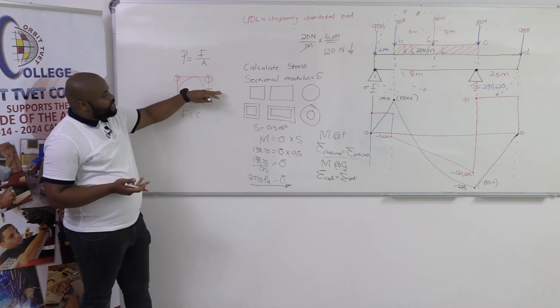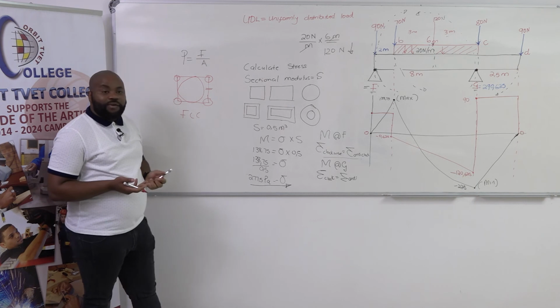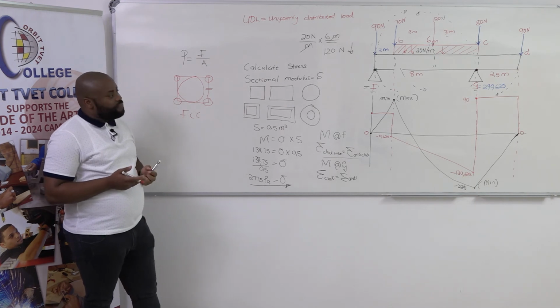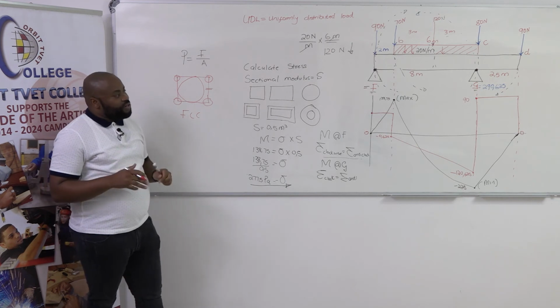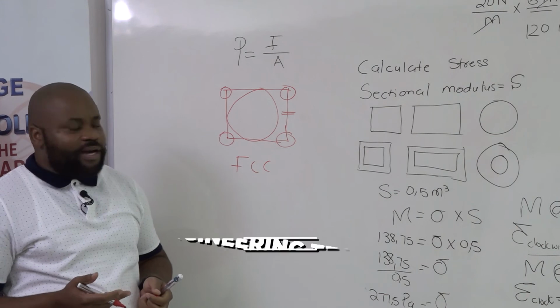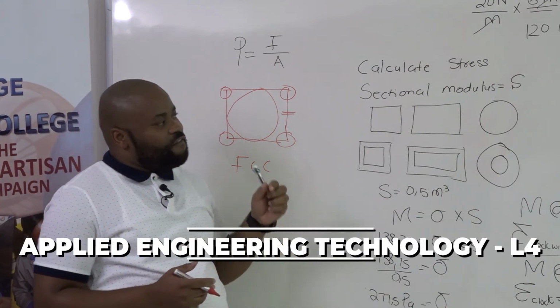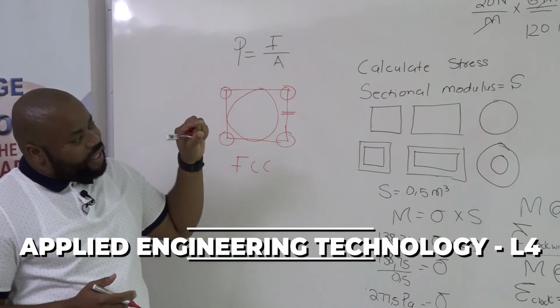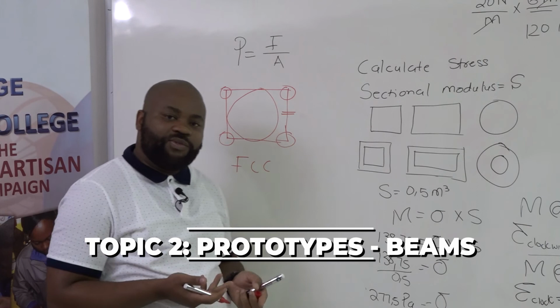But this is critical for us to make sure that we protect ourselves from such disasters by making sure that the types of beams that we use on our buildings, on the aeroplanes, on the trains, on the cars, are of the necessary strength for the particular job that they have to do.